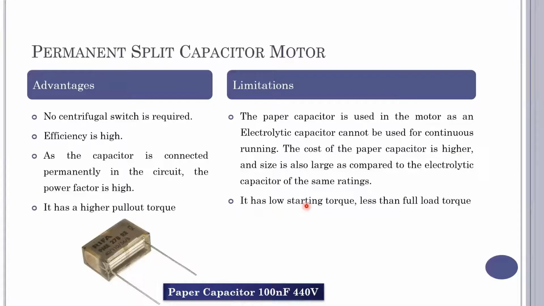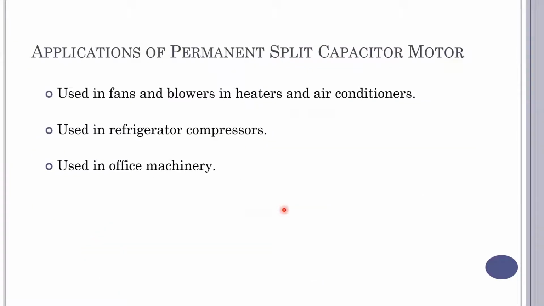And if we compare the characteristics of a capacitor run and capacitor start, this capacitor run motor has a lower starting torque, and this starting torque is even less than that of the full load torque.